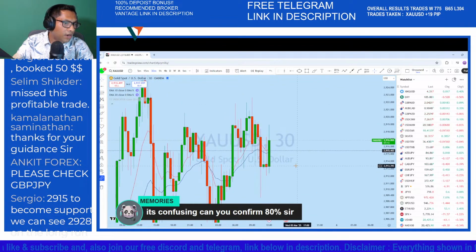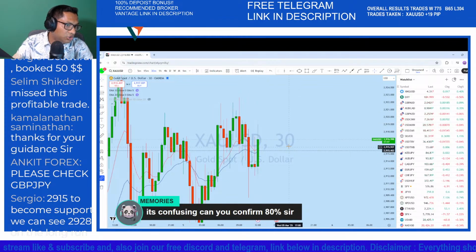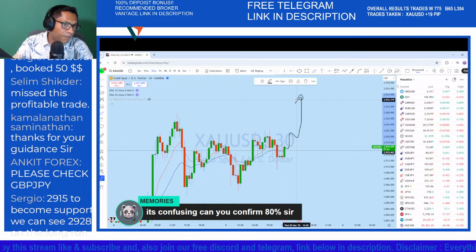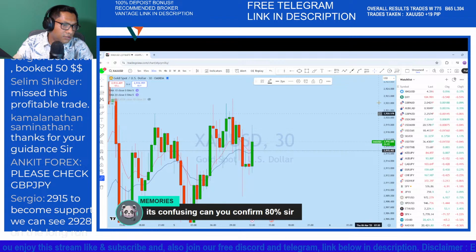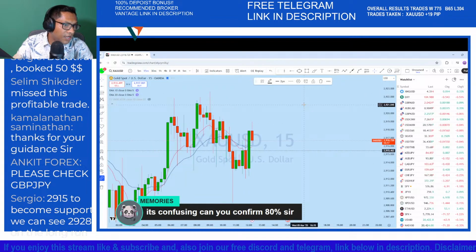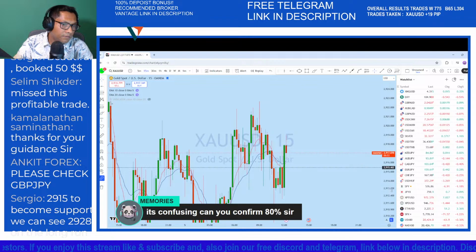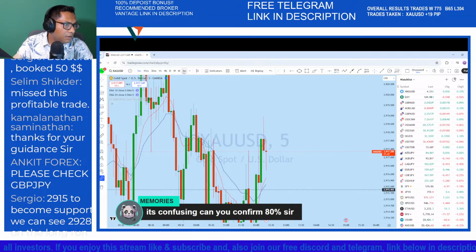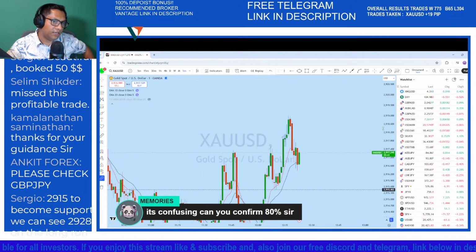Looking at the 1 hour and 30 minutes, we can see that after back-to-back two dojis, the price managed to bounce. So this is potentially the start of an uptrend here. With that being said, on the lower time frame, looking at the 1 minute again here.